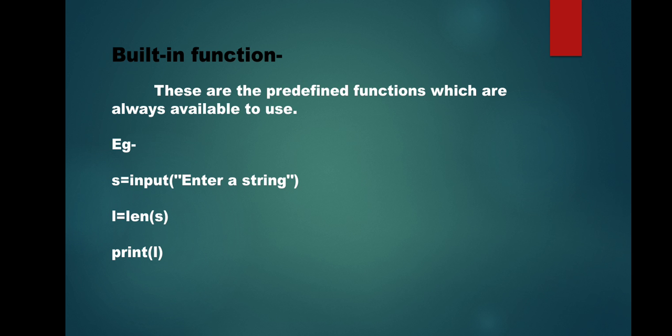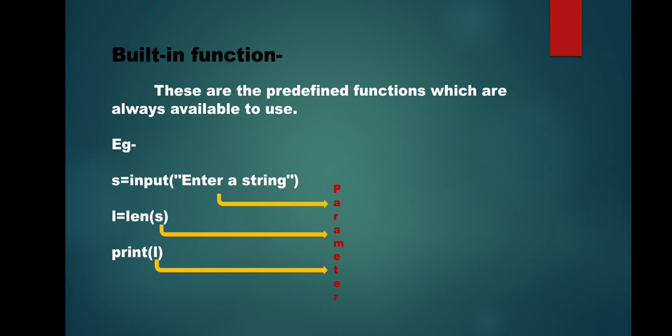As I have discussed already, functions can accept certain values and a function can also return certain values. When a function accepts a certain value, that value is known as the parameter. As you can see over here, each of these functions is accepting certain values. The input function is accepting the value, enter a string. This is a string.